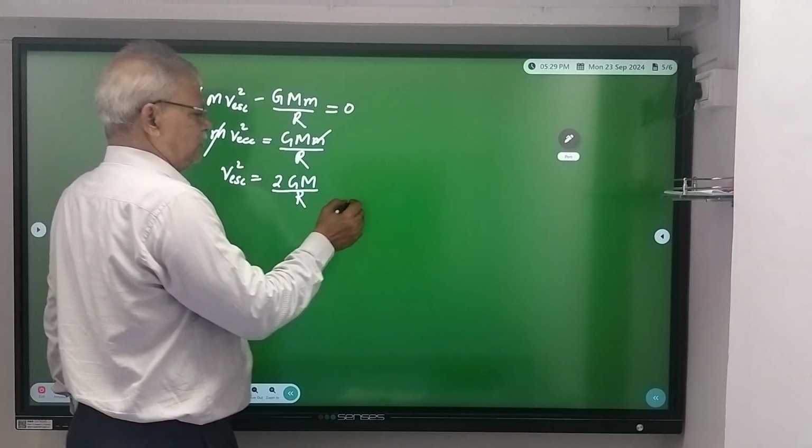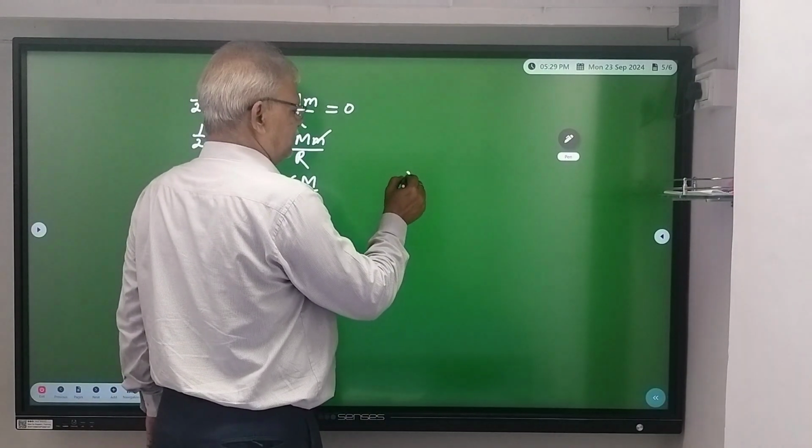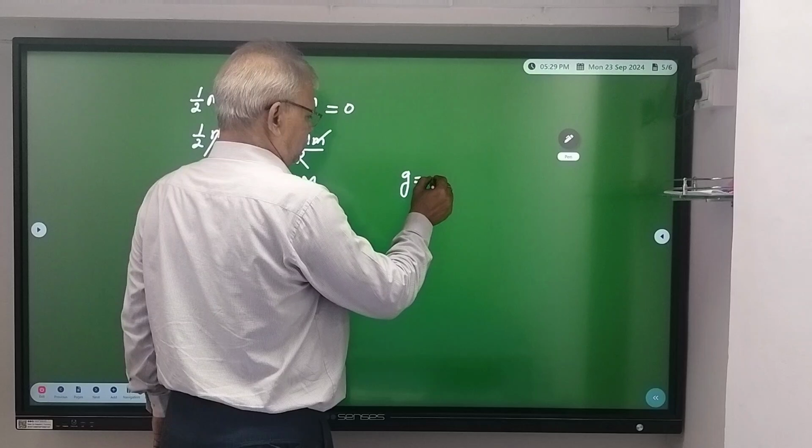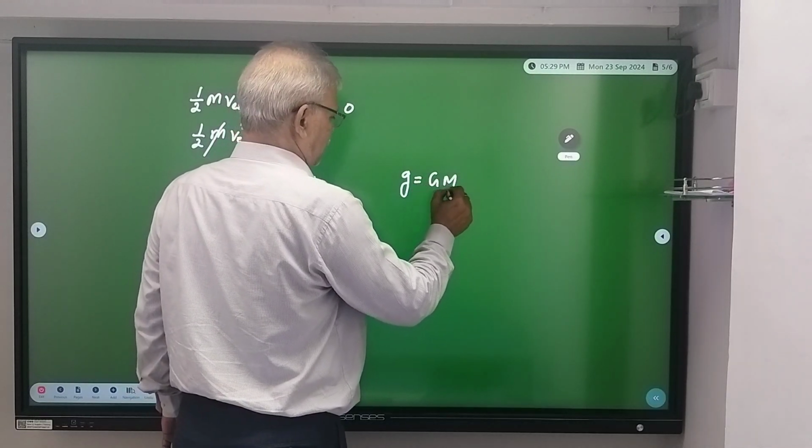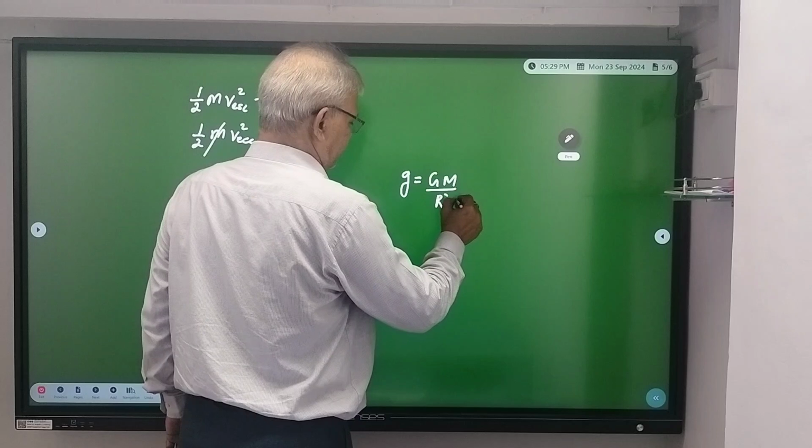Now you know that g is equal to G M upon R square.